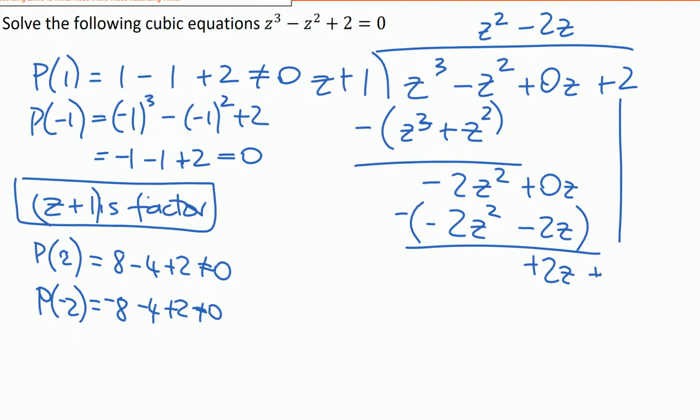Bring down the 2 and I get Z into 2Z goes positive 2 times. Z times 2 is 2Z, plus 2. Subtract, and I should get a remainder of 0. What does a 0 remainder tell me? It's a factor.